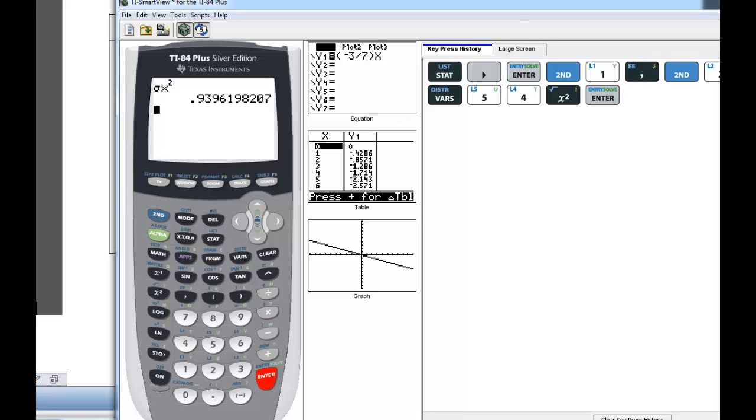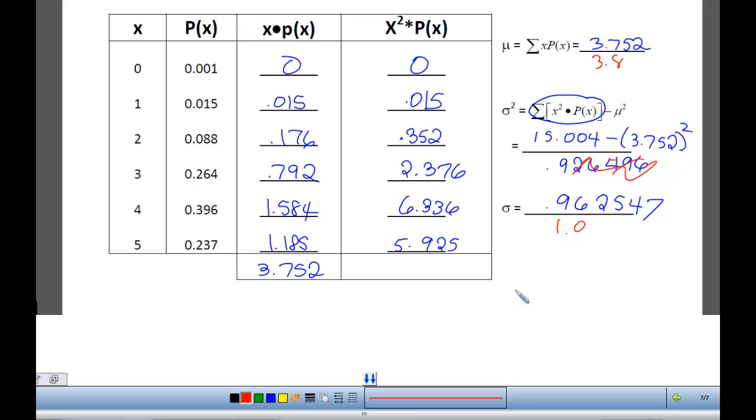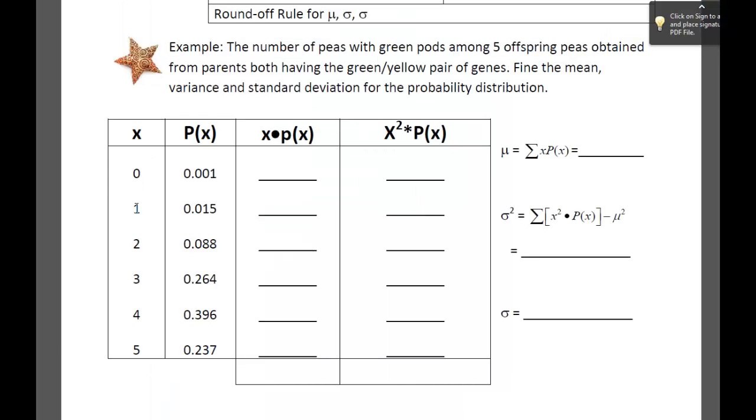Okay? Questions about that? All right. The standard deviation and variance are still a measure of the spread or the consistency of our data. Okay, so we have a little spread, but relatively consistent data set. All right, very good.